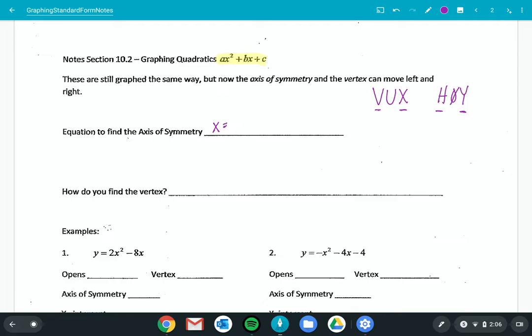Now, if you actually wanted to find the line, you can find it two ways. You can find the equation by using numbers from the equation itself given to you and plug them in.